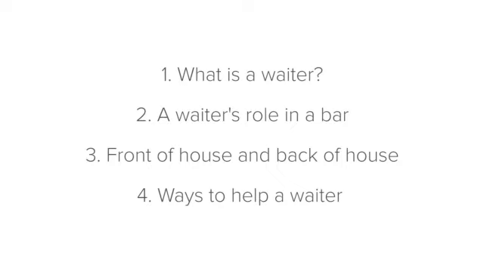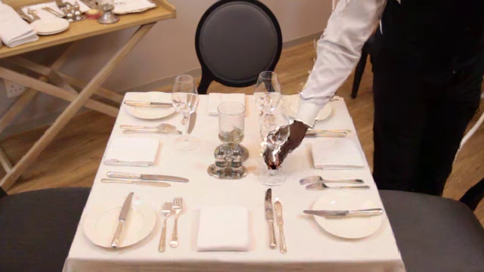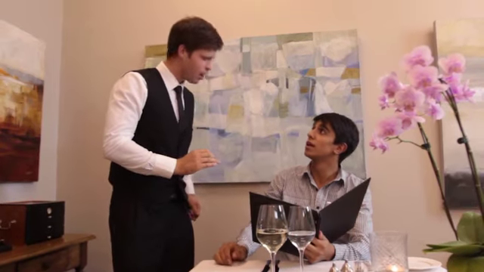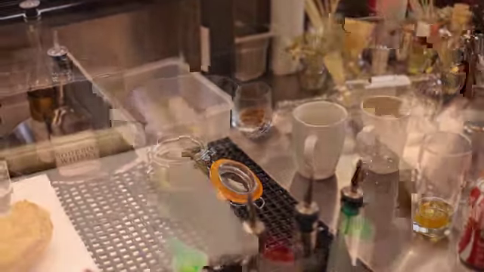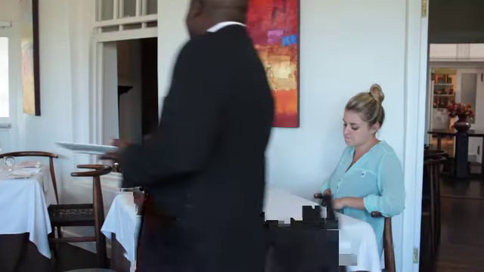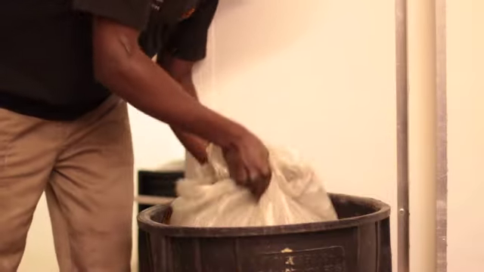Firstly, what is a waiter? A waiter is a man or woman who works in either a restaurant or bar and serves the guests. The type of tasks that a waiter carries out includes preparing the tables before service, taking food and drinks orders from guests, serving guests the food and drinks, and maintaining cleanliness around a restaurant or bar by removing dirty plates, glasses, and any rubbish which may be around.